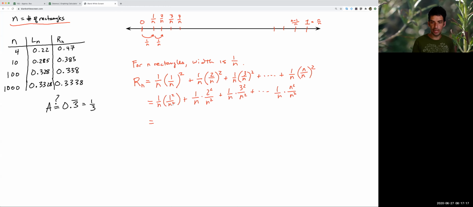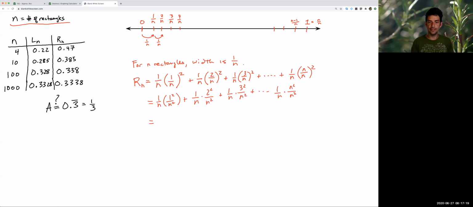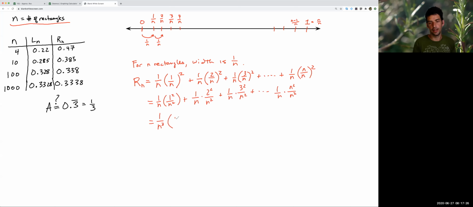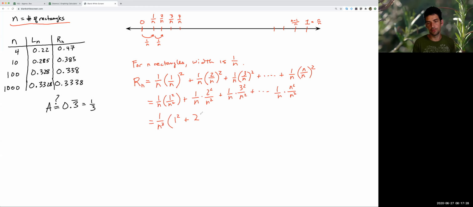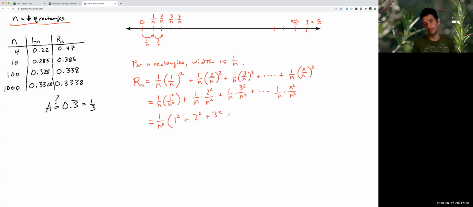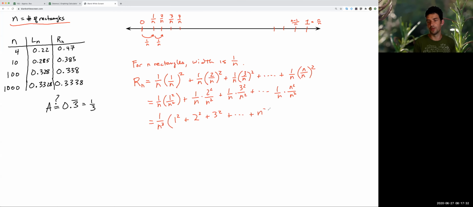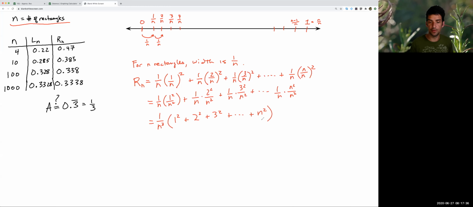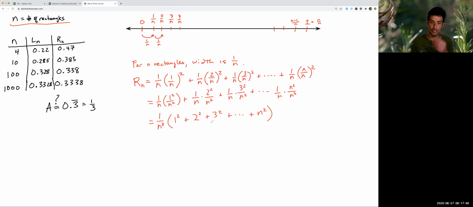I can pull out an n squared and the 1/n from all of these, so I get 1/n cubed, and I have 1 squared plus 2 squared plus 3 squared plus up to n squared. Okay, so I'm just doing some algebra, right? If we add up a bunch of numbers, if they all have a 1/n cubed, I can factor that out, and then I've got this thing left here.